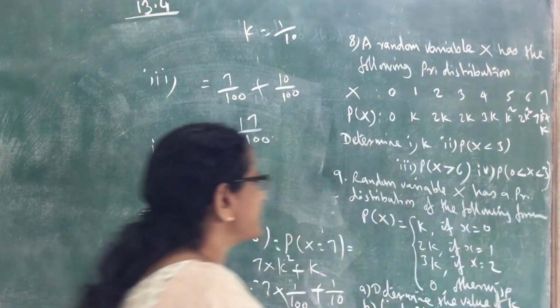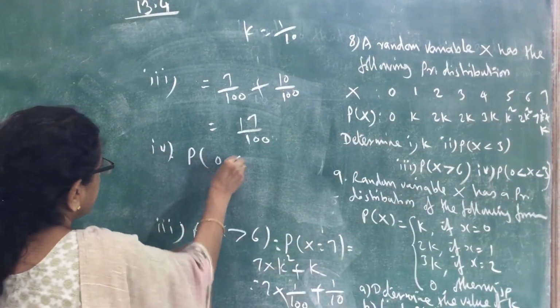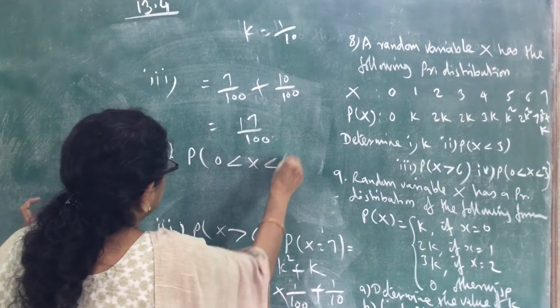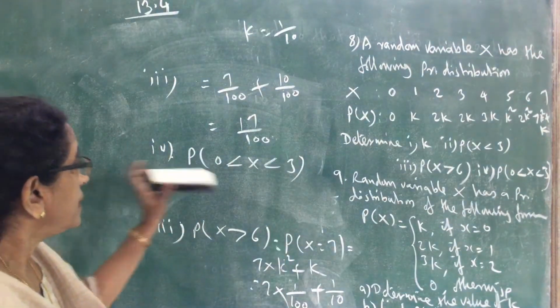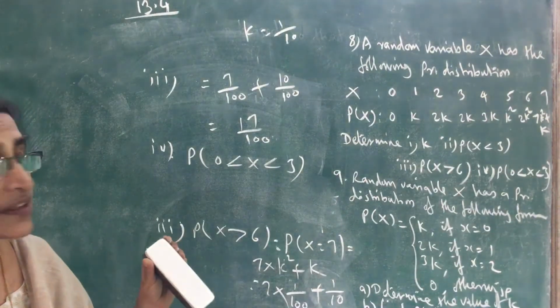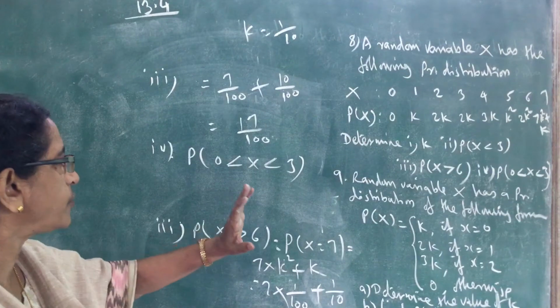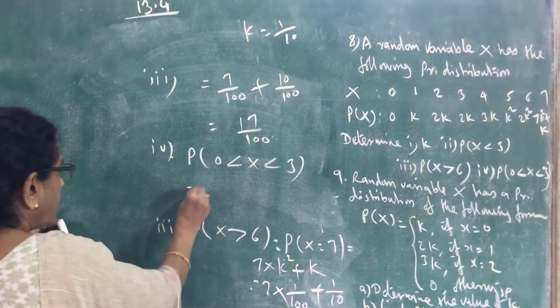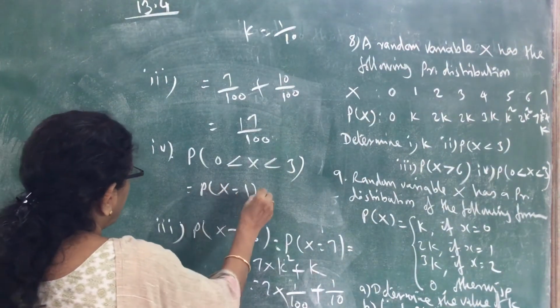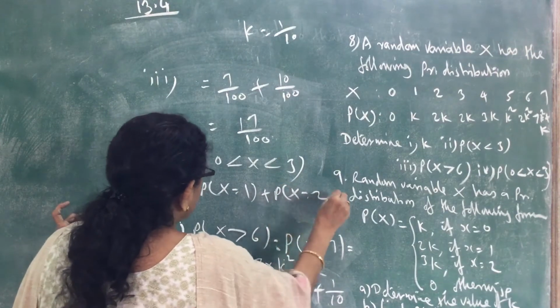0 less than x less than 3. Probability that 0 less than x less than 3. So here 0 less than x less than 3 means between 0 and 3. So between 0 and 3 means only possible values are 1 and 2. So that is equal to probability that x equal to 1 plus probability that x equal to 2.